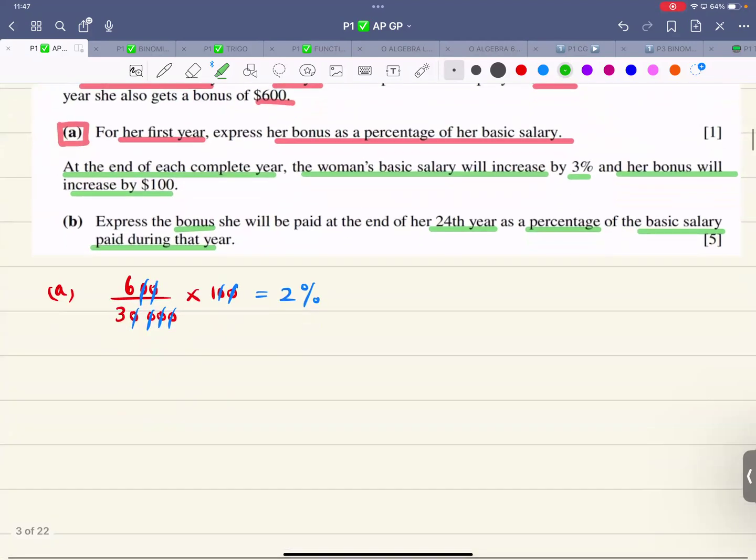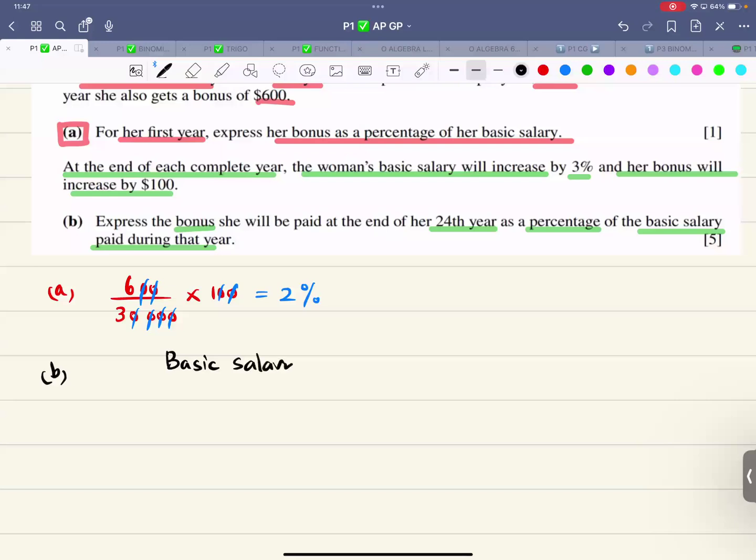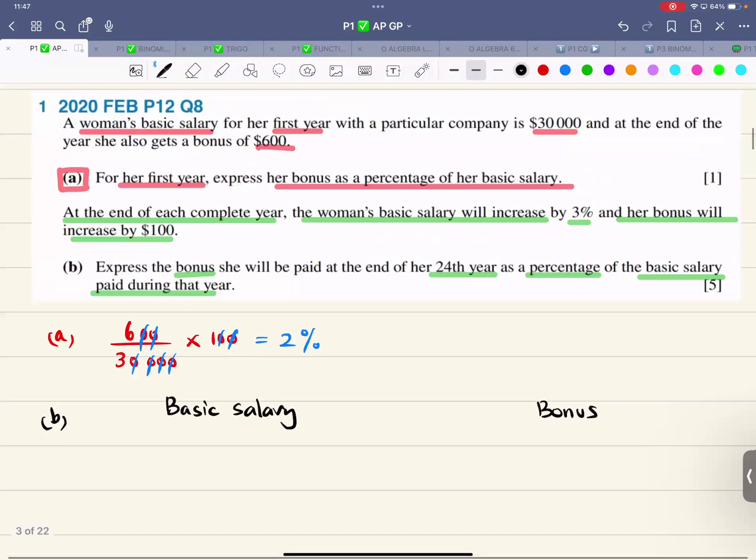First of all, there are two things over here. Let's talk about basic salary separately and bonus separately. The first year, that means the first term, is $30,000. And the bonus, the first term, is $600.